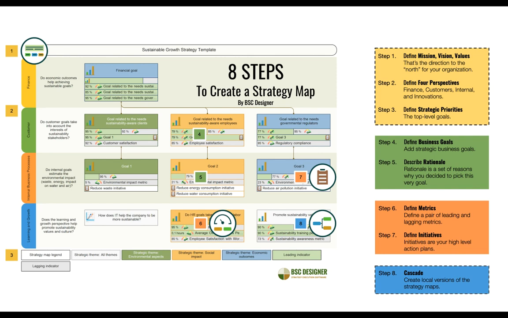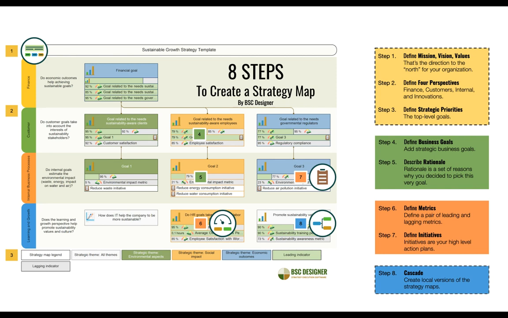The goals from this high-level strategy map won't resonate with the challenges of lower-level departments. People, for example, from customer support won't understand how they can contribute to the goals explained on this map.